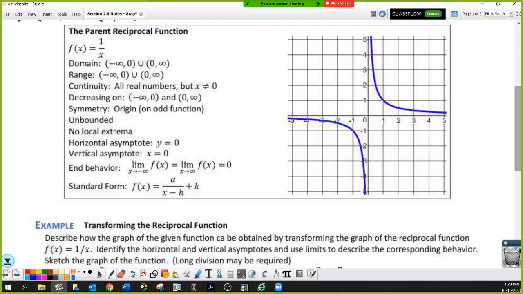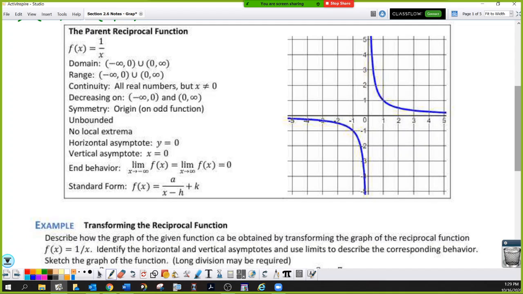And because it's a positive number divided by another positive number or divided by another negative number, guess what the value of the fraction will never be? 0. So it has a horizontal asymptote at y equals 0. So 0 is not in my domain or my range. It's continuous everywhere except for x equals 0.